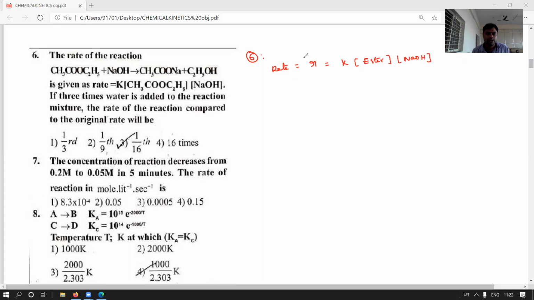Initially the concentration of the reactants, ester and base, is 1 unit. Then they are diluted with water.